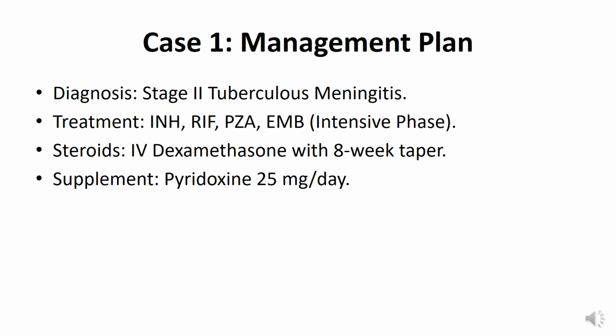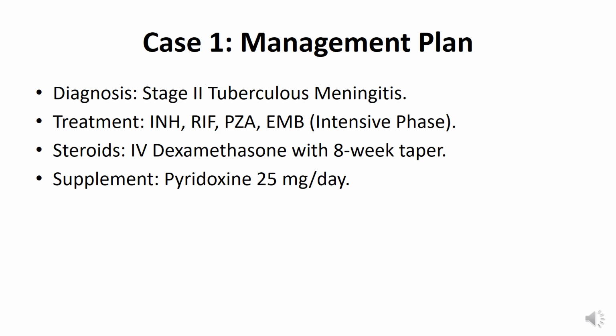These include Isoniazid, commonly called INH, Rifampicin or RIF, Pyrazinamide known as PZA, and Ethambutol, abbreviated as EMB. Each medication plays an important role. Using multiple drugs helps attack the bacteria through different mechanisms and reduces the risk of drug resistance.